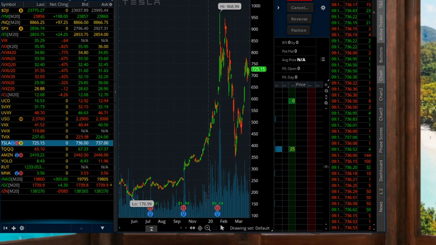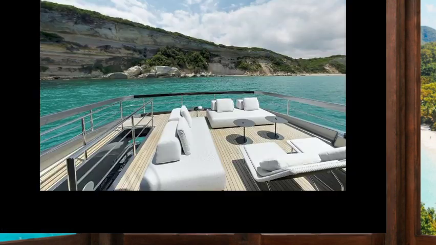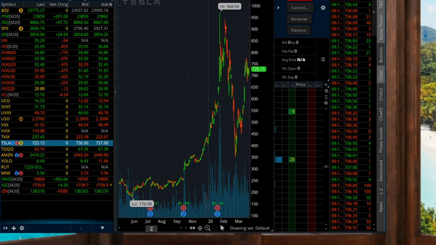Look at the price action in Tesla recently. Just amazing. It's come back so much. I did have a position on in Tesla, but I ended up actually taking it off last week for a profit.